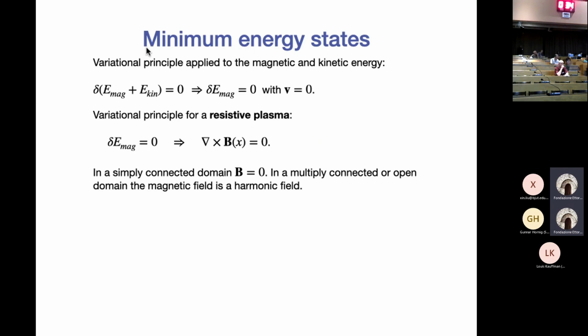And we have two extreme cases. Either we can use the full resistive evolution and do our variational principle with a resistive term, then the end state is one which has a vanishing curl of the magnetic field, so no currents in our system anymore. That's kind of obvious that that has to happen because any current would dissipate away.